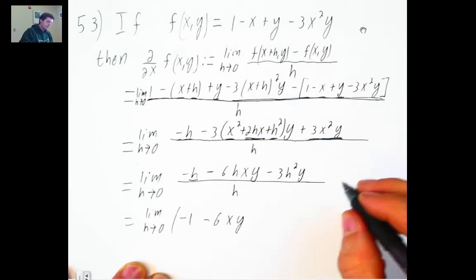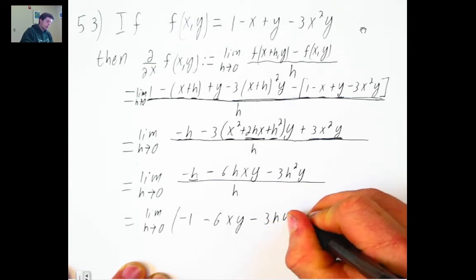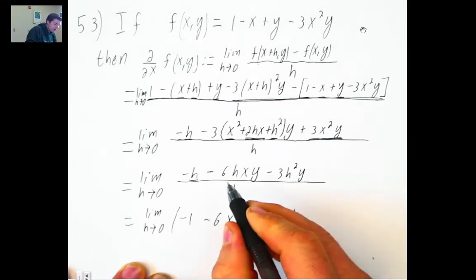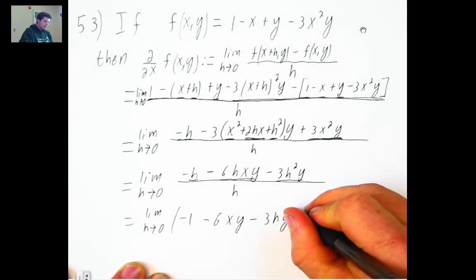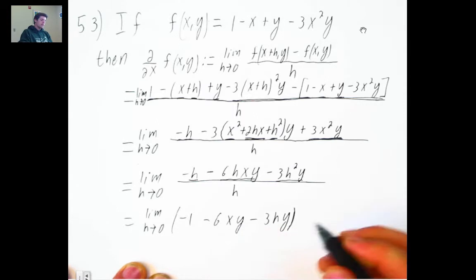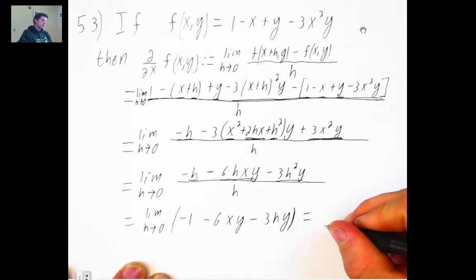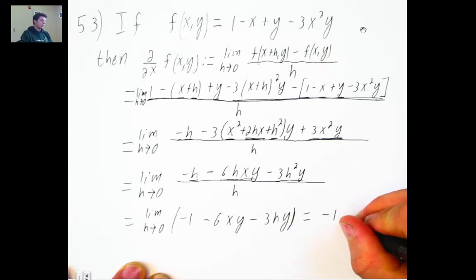And then minus 3h times y. So I've looked at that term, got that, and I've looked at that term and got that. Works for me. And then these two terms right here are independent of h, so they don't go anywhere, and this one just simply has an h to the first power. And I could reference some of the limit rules to say that the limit as h goes to 0 of h times a constant is 0, but I do not need to. I think everybody knows what's going on there.